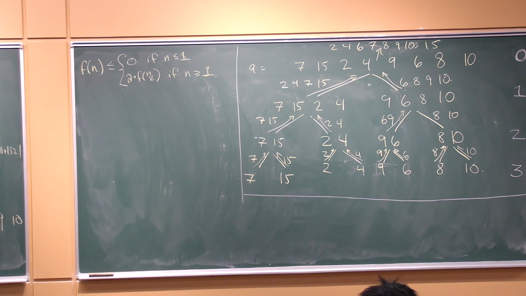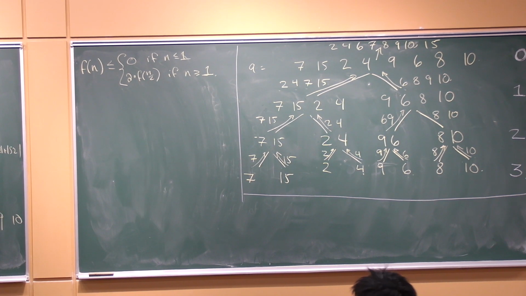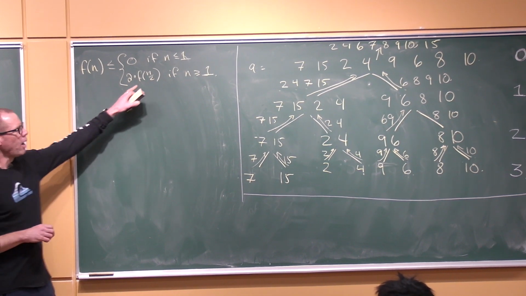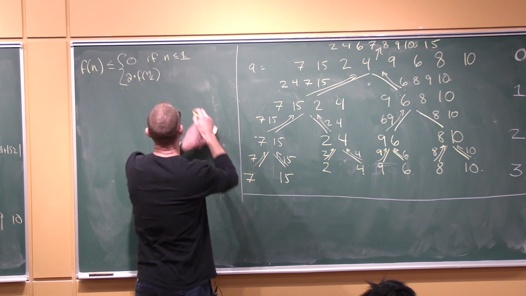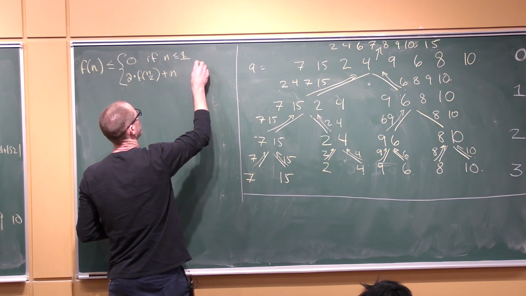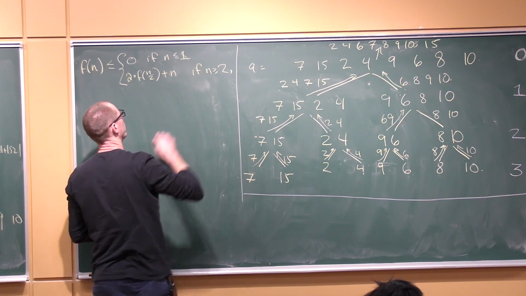Because if n is even, then floor of n over 2 and ceiling of n over 2 are the same, and so this is just 2 times f of n over 2, plus n, of course. Okay.